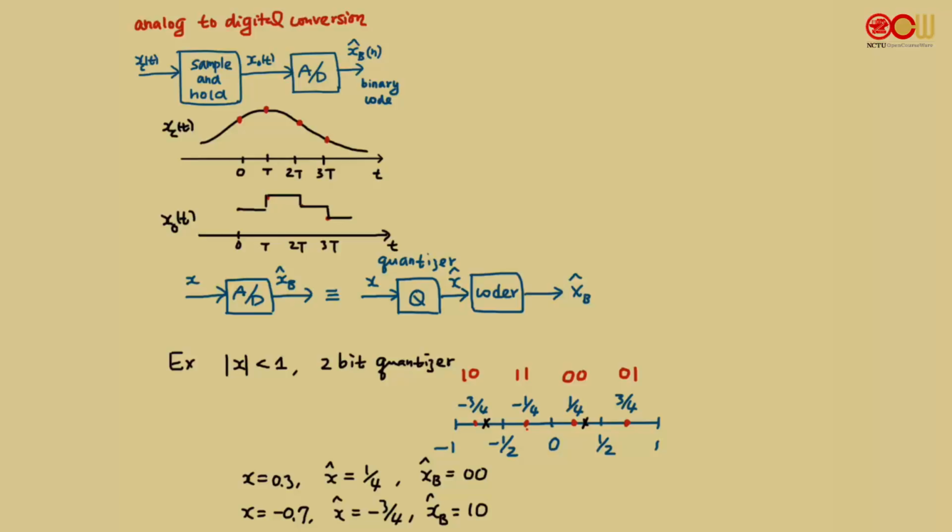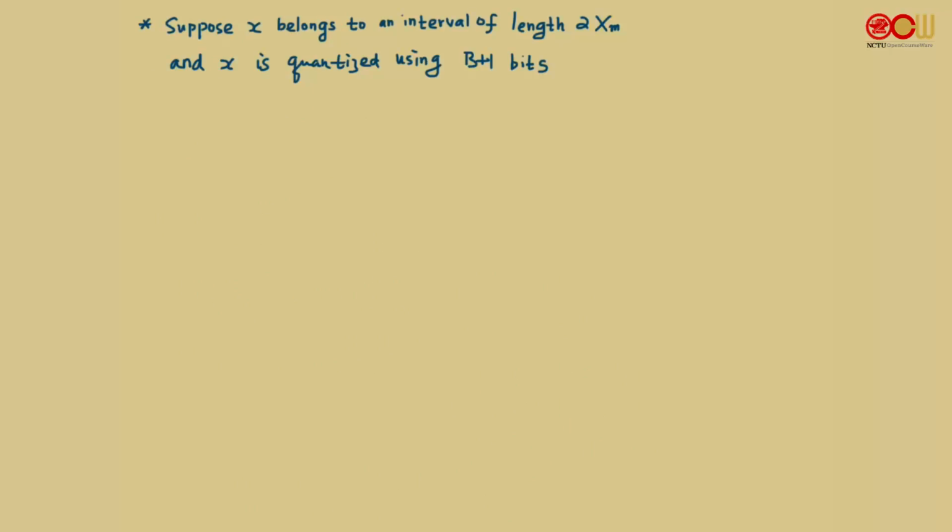So if we have an input value of 0.3, the output will be 0 0. And if we have an input of -0.7, the output will be 1 0. That's the binary code. Now let's consider the more general case.